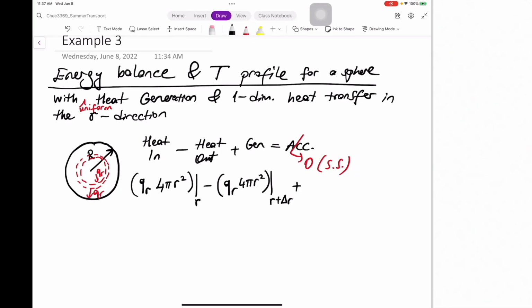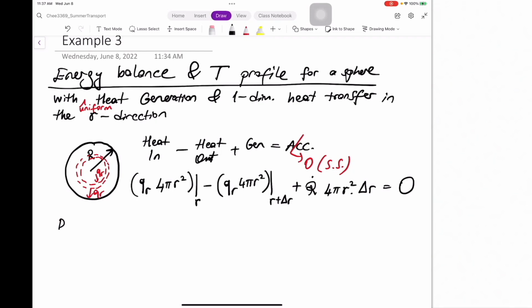Plus the generation term, which is basically the fancy R dot, volumetric, times the differential volume of the spherical shell, which is basically the surface area 4 pi r squared of the shell times the thickness of the shell, which is delta r. That's equal to 0, the accumulation.